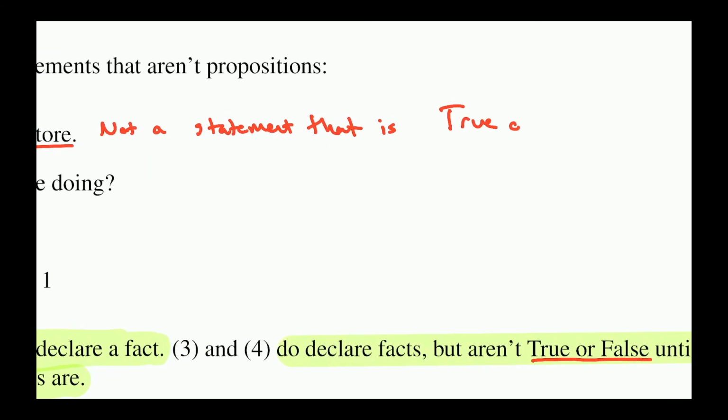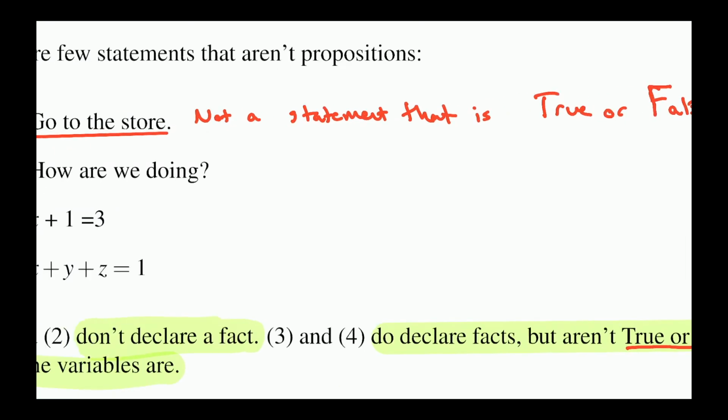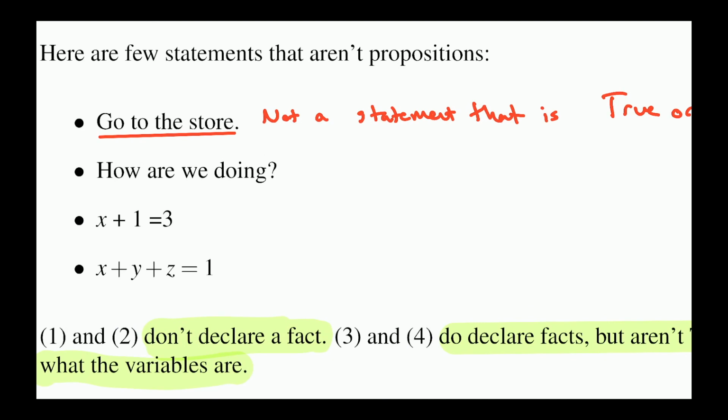So it's not a proposition for that reason. Same thing here. Also not a statement of fact. Okay, so that's the problem with both of those. They don't actually claim a fact.